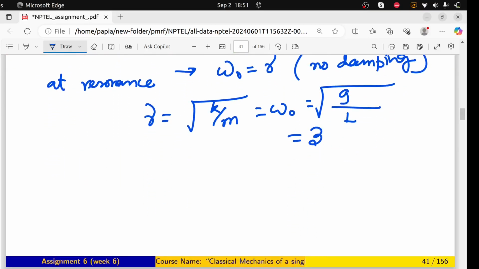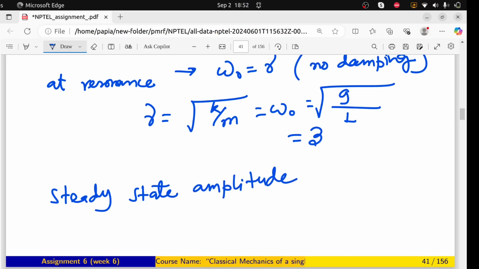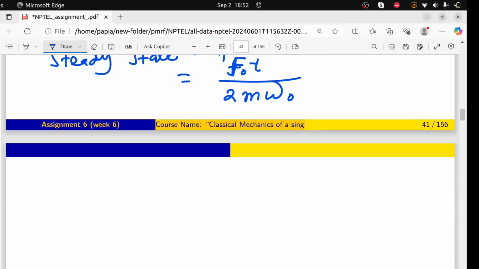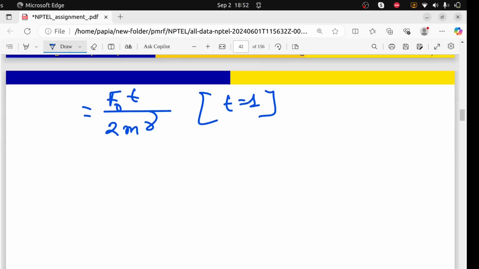Okay, so steady state amplitude is f0 t divided by 2m omega 0, or it can also be written as f0 by 2m gamma, where t equals 1.